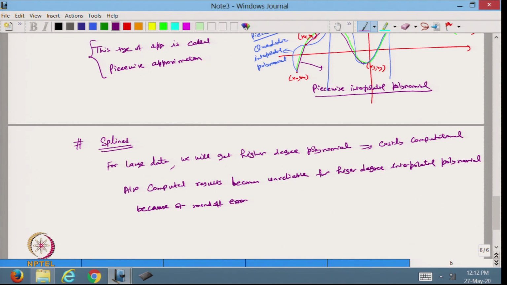So for the higher degree polynomial, there are two things: it is computationally very costly, and also the results become unreliable because of the round off error.